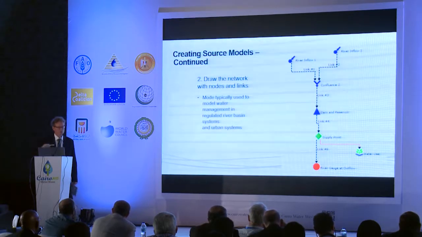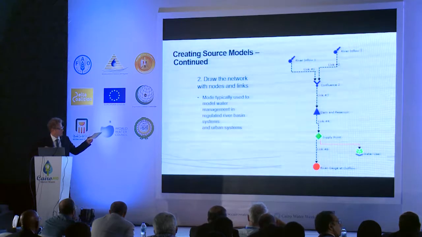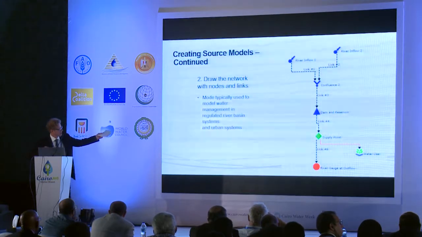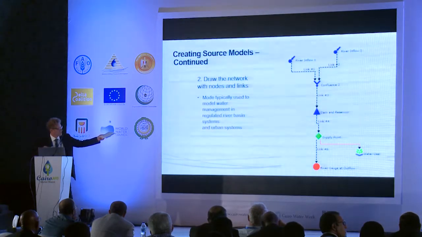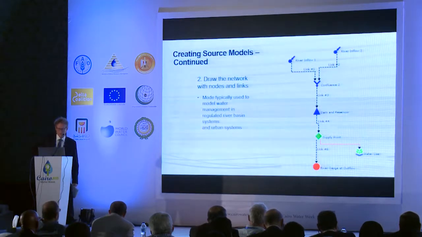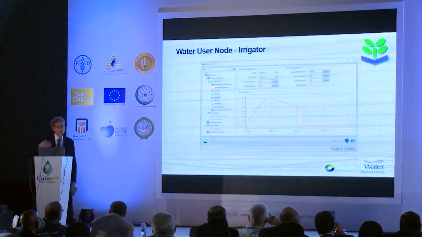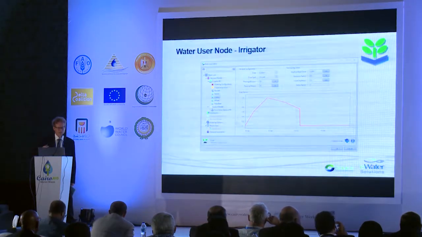And you can see here that there's a node for a dam and reservoir, and another node downstream of the dam for a water user. So in that water user node, for instance, we might have an irrigator, a model that can represent an irrigation area.